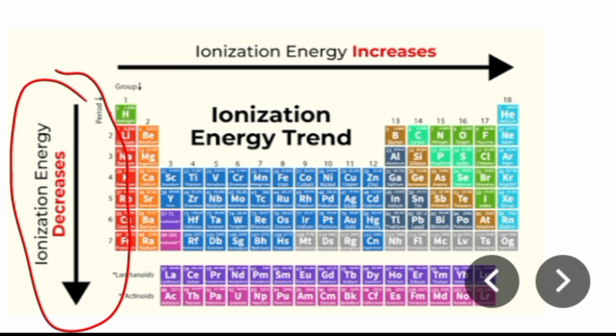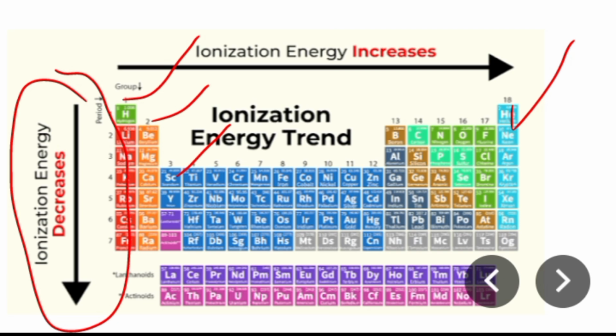In the periodic table, we have what we call the groups: group number 1, group number 2, group number 3, all up to group number 18. As you go down the group, ionization energy decreases. The ionization energy helps metals to react with other elements.